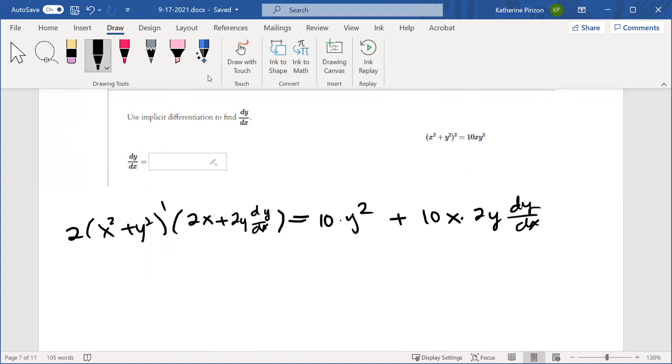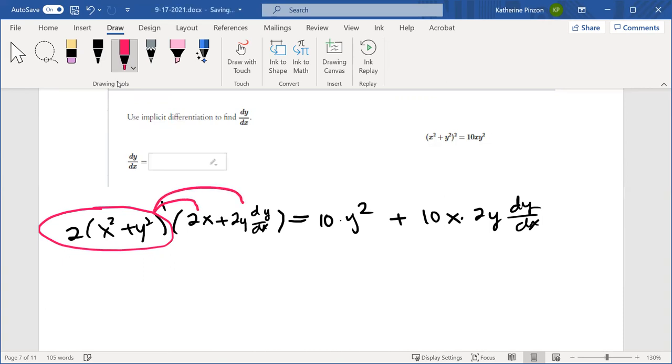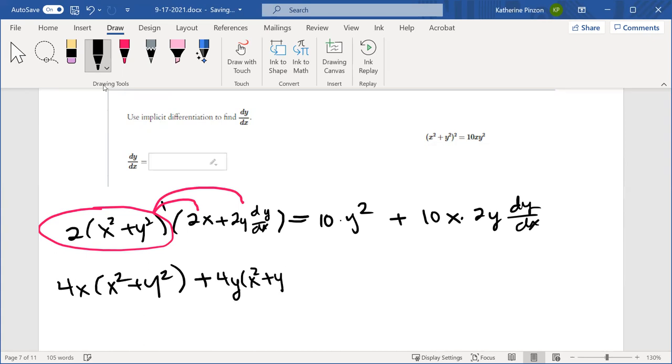So 2 times 2x makes 4x times (x squared plus y squared), and then 2 times 2y makes 4y times (x squared plus y squared) dy/dx equals. The right-hand side didn't change at all: 10y squared plus, I'm going to multiply those together, 10 times 2 makes 20xy dy/dx.